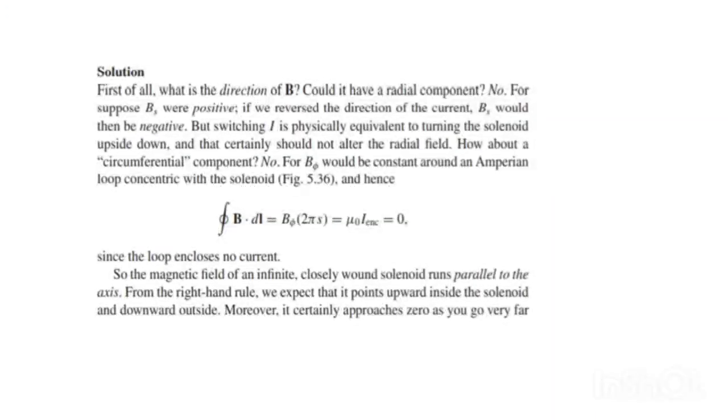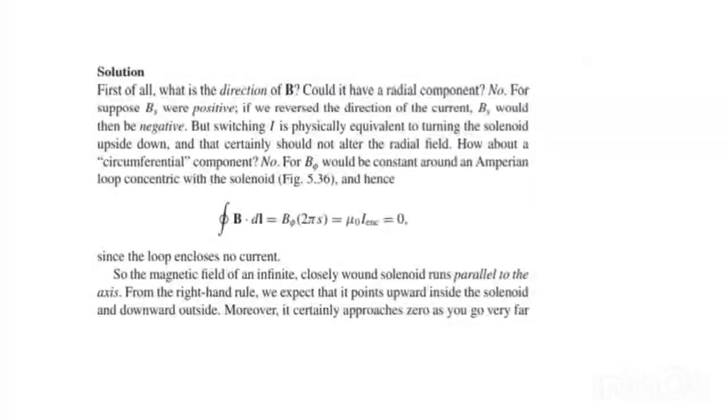From figure 5.36, it is known that B phi would be constant around an Amperian loop concentric with the solenoid. Hence, writing Ampere's circuital law, the line integral of B dot dl is equal to mu naught times I enclosed, which gives B phi into 2 pi s, which is equated to 0.